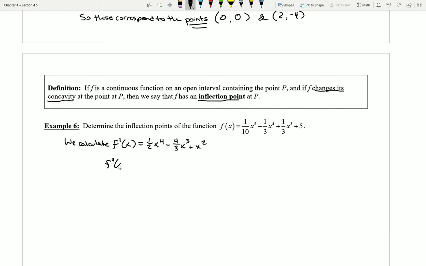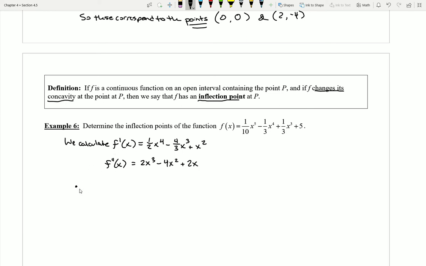We can also then jump to our second derivative pretty quickly here. Bringing the 4 down is going to leave me with 2x to the 3rd. Bringing the 3 down is going to be minus 4x squared. And then finally over here plus 2x. Okay, great. So I'm going to find some critical points here for my f prime.